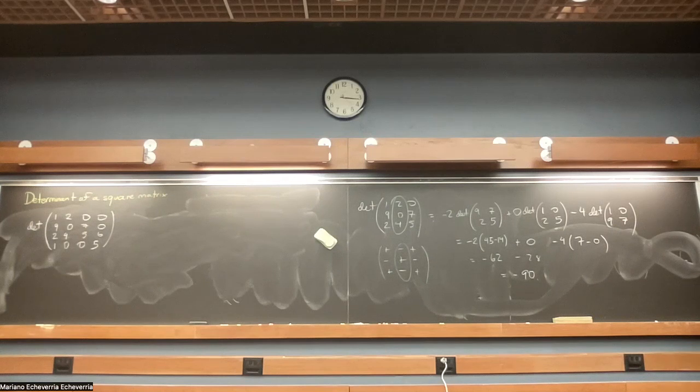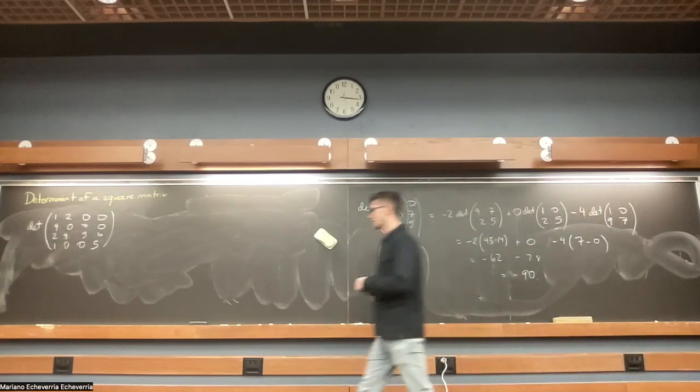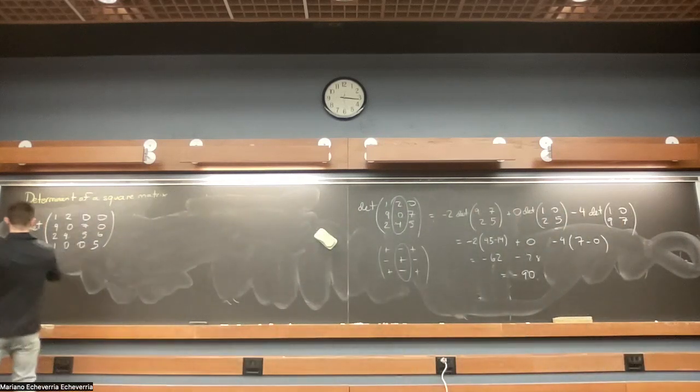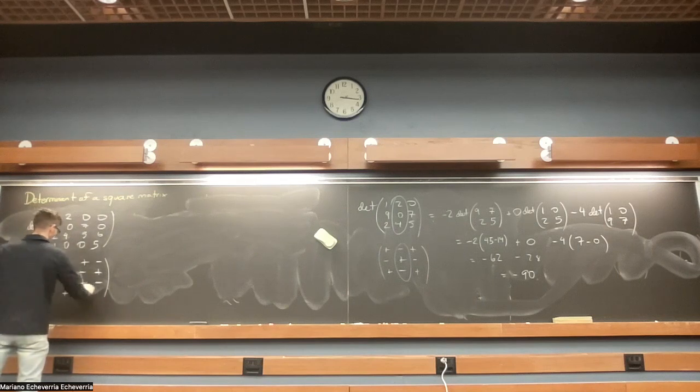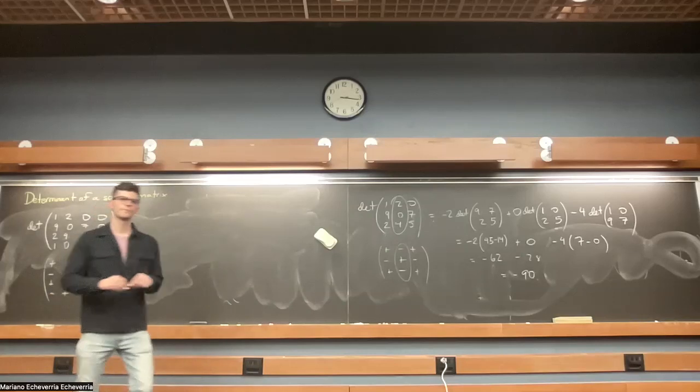So again, the first thing you'll do is to draw this matrix of signs. So you put here, plus, minus, plus, minus, plus, minus, plus, minus, minus, plus, minus, plus, plus, minus, plus, minus, minus, plus, minus, plus. Okay.